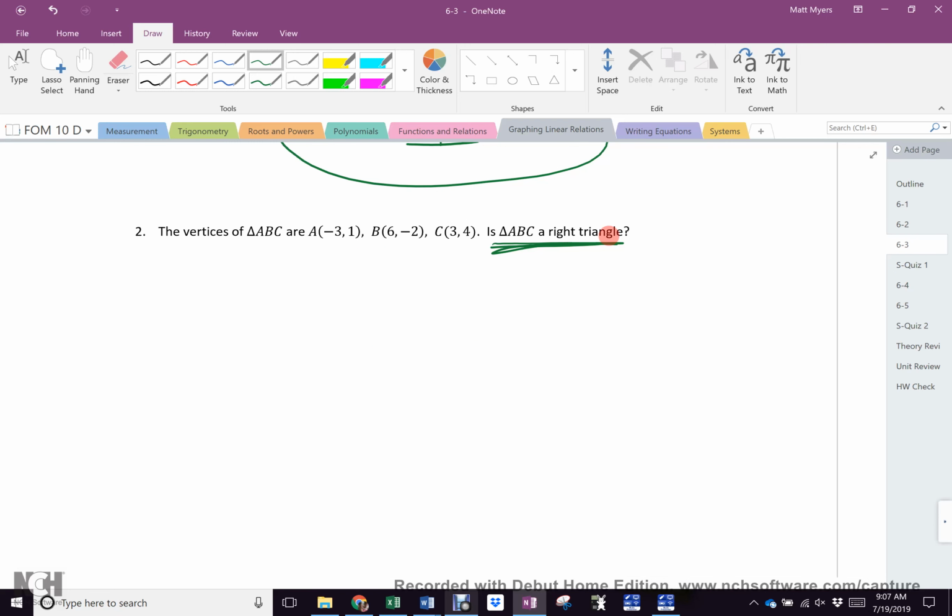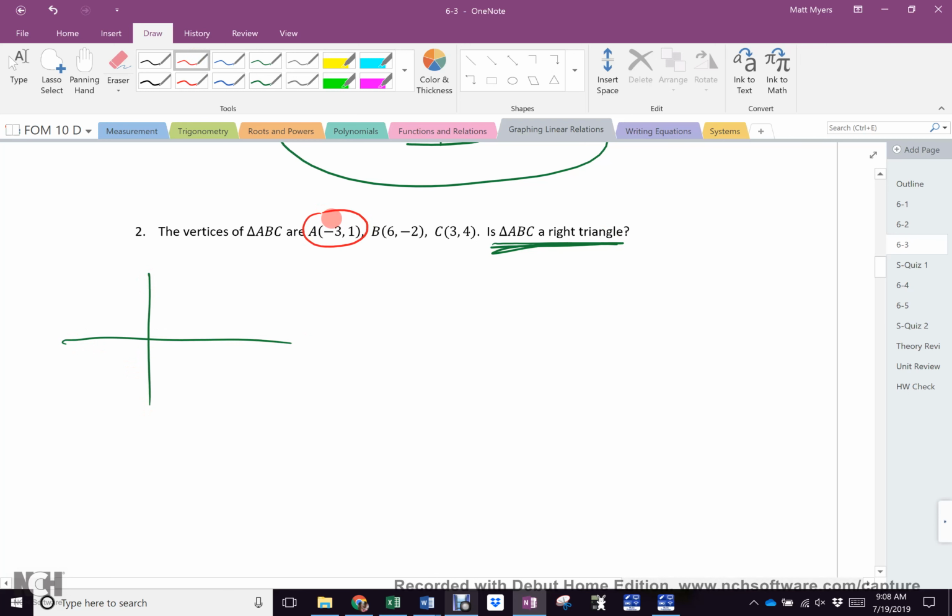Which means the slope of 2 of those sides where they meet will be negative reciprocals of each other, right? How many corners does a triangle have? 3, which means I need to check all 3 corners, don't I? Which means I need to check 6 slopes, don't I? Barf. Or do I? Of course not, because I know that I could sketch this graph.